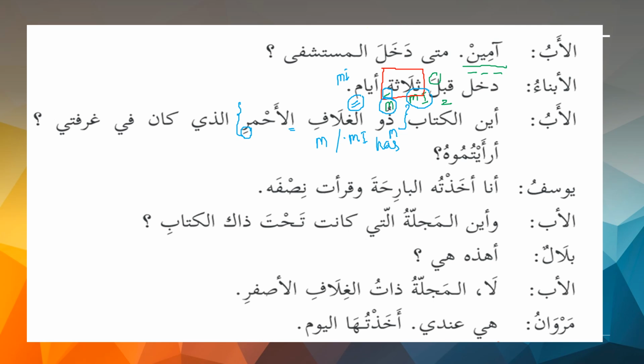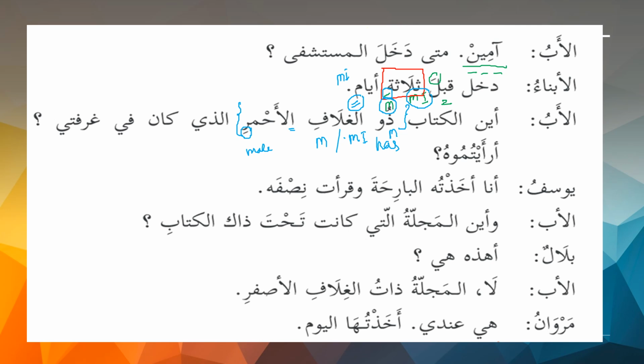So he's asking, Father, Ainal Kitabu, where is the book having a dhu, which has al-ghilaf al-ahmari, means which has a red cover. Ghilaf means cover and ahmar means red. So the ahmar color is a male color. Why? Because ghilaf is a male noun. So the color you are going to use for this male noun should also be in male gender.